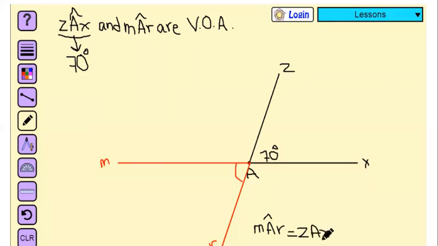They are equal in measure, equal to 70 degrees. And we have to put what? The reason. We put the reason between parentheses. We can write it vertically, V, opposite, O, angles, A. V is vertically, O for opposite, and A for angles. So they are equal, vertically opposite angles.